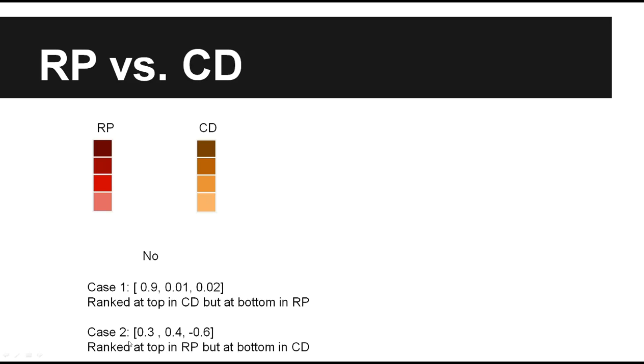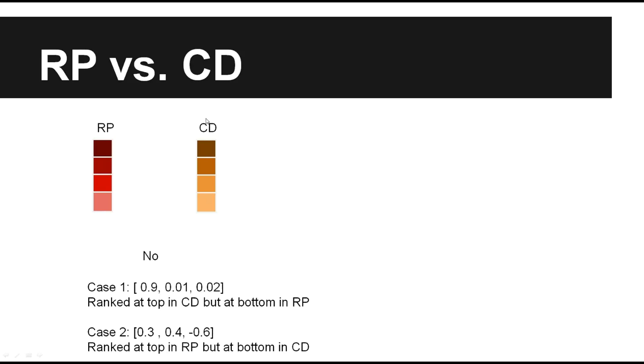Let's consider another case, case 2. Here it's also a single gene, with the three component values of the gene in three different replicates. There are fairly large values in the first two replicates, and also a fairly large negative value in the third replicate.